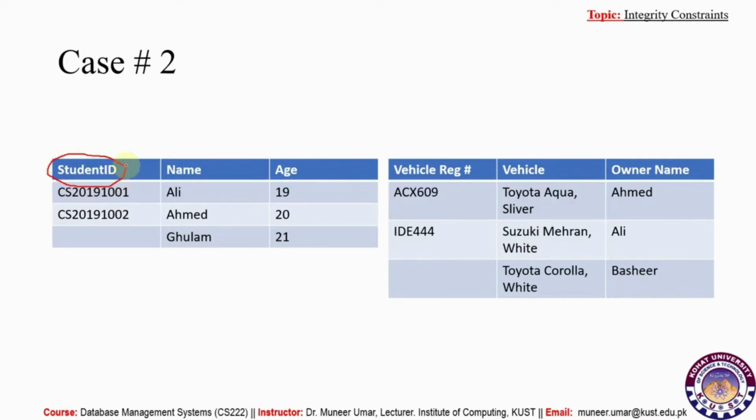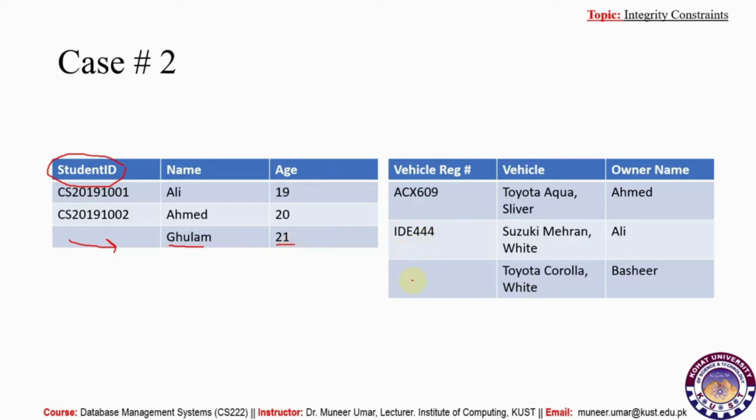If you have the student ID, then you can get the record of that student. But here in this table, the third entry doesn't have any ID, so this record cannot be selected or extracted from the database. So this is also an issue.